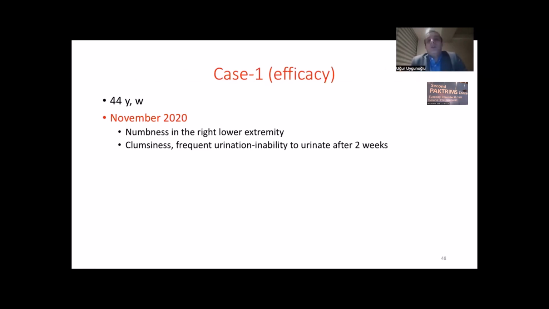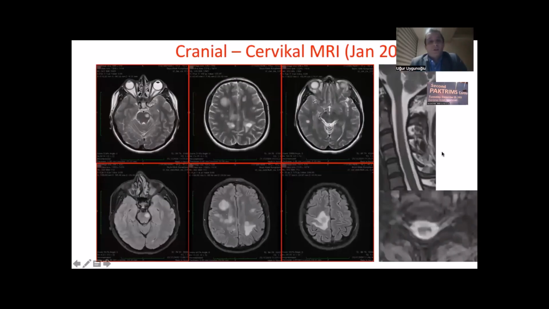So let me go through the cases for giving a clue about switching the treatments in multiple sclerosis. Case 1, a 44-year-old woman presented with numbness in the right lower extremity, clumsiness, frequent urination, and inability to urinate after 2 weeks. This is the first MRI of the patient.